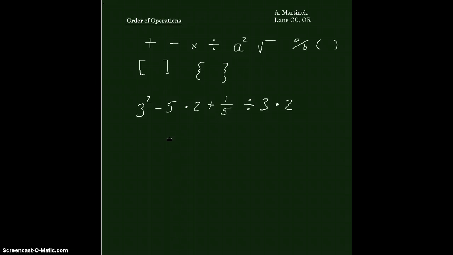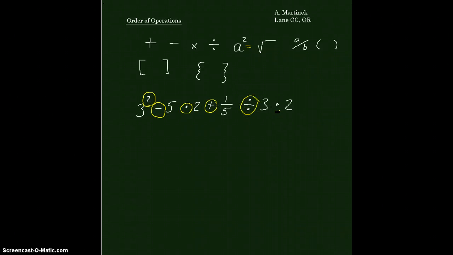In this particular case, we don't have any grouping or parentheses, and we've got what? We've got an exponent right here. That was one of them up here. We have a subtraction, we have multiplication, we have addition, and we have division.